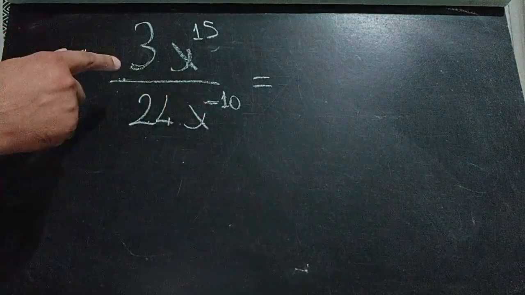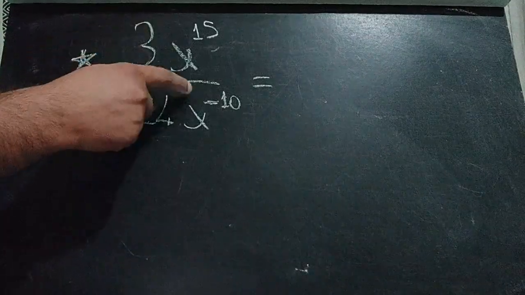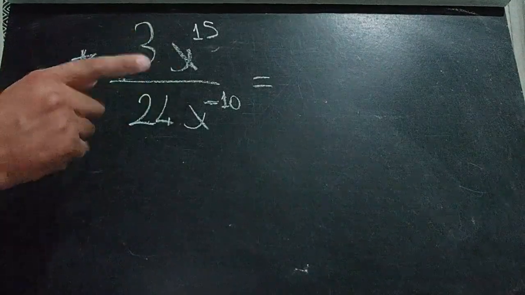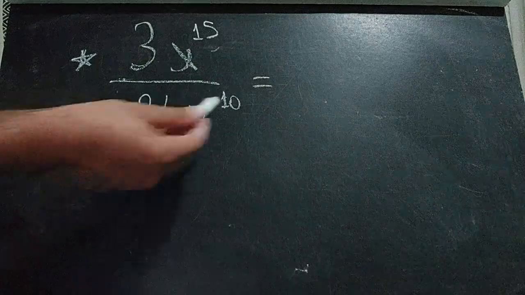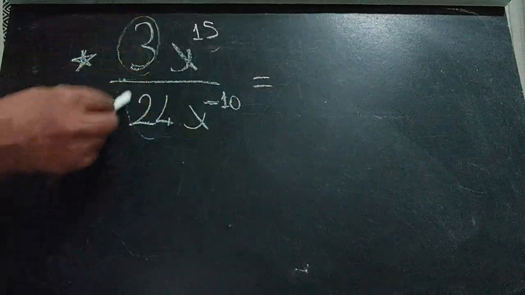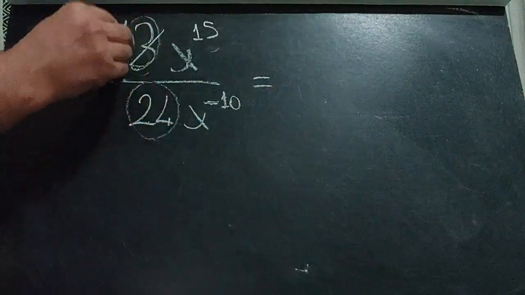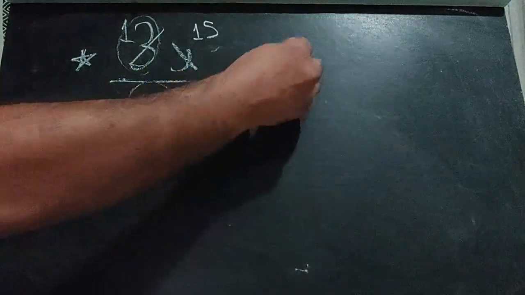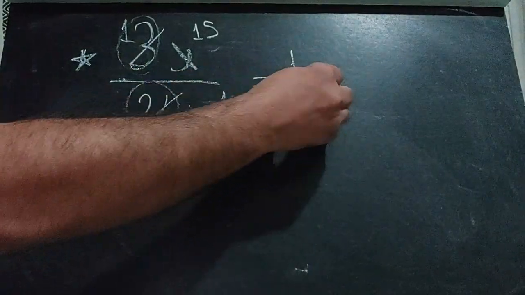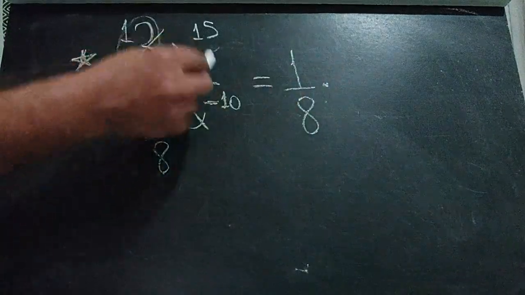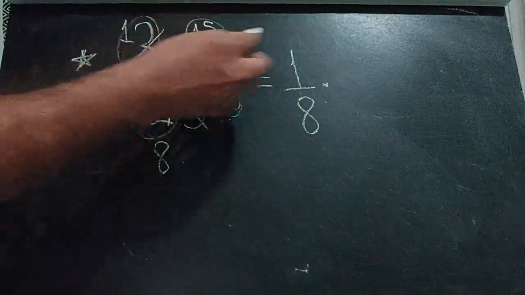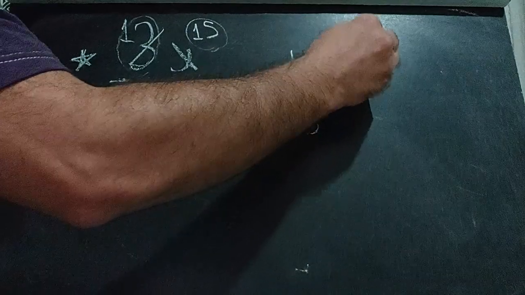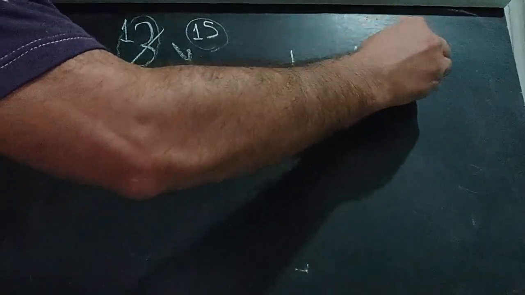I didn't show it there, but let me show it in this question. The first method is that you simplify first. Divided by 3, divided by 3. Then it will be 1 over 8 times, so you subtract this from that. That will give you x power 15 minus negative 10.